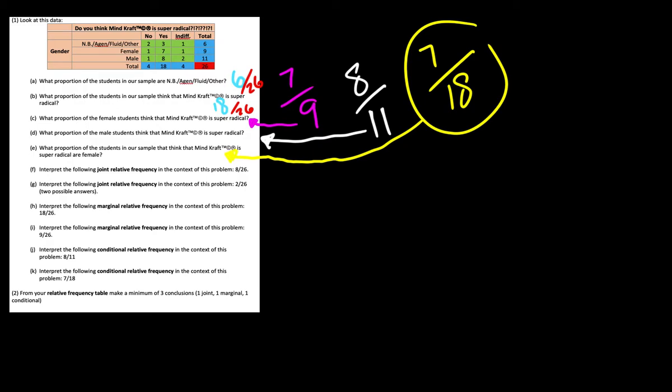All right. Now interpret the following joint relative frequency in the context of the problem. It says 8 out of 26. So we find the 8 anywhere on the table, and we find the 26 anywhere on the table. This 8 represents males that said yes.